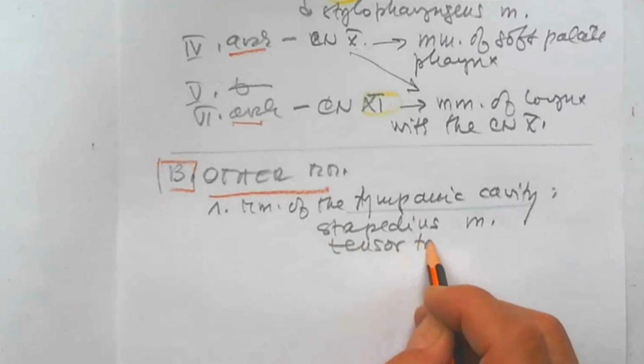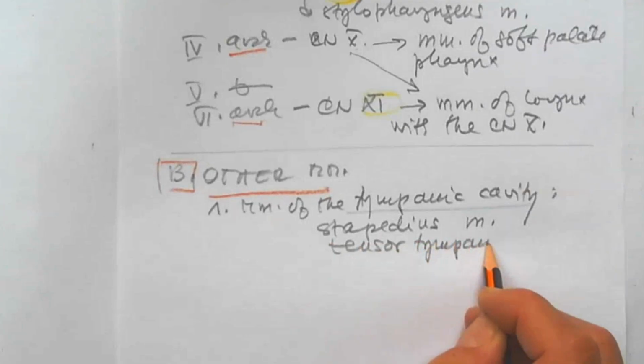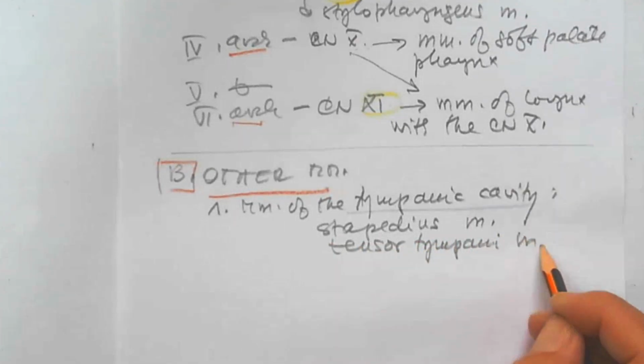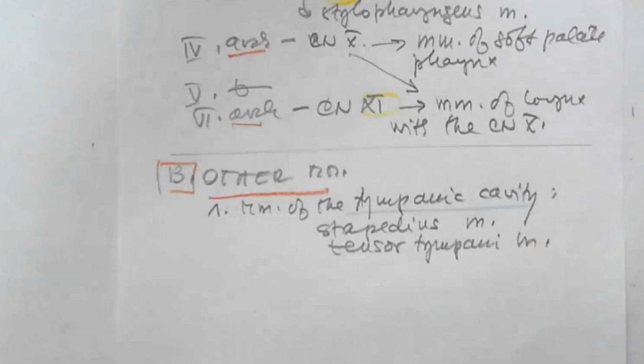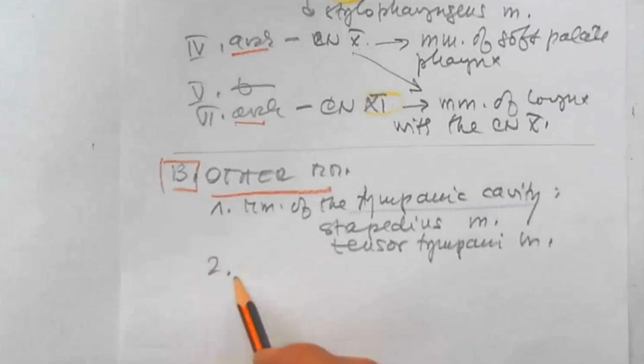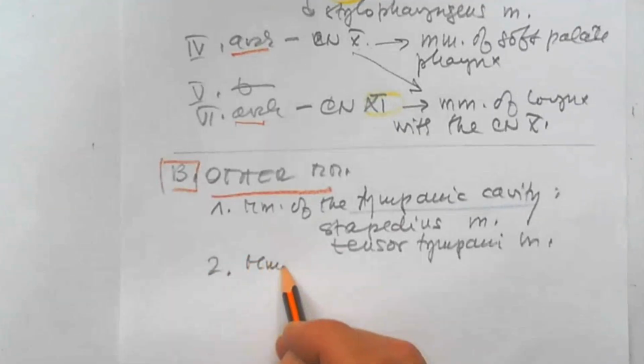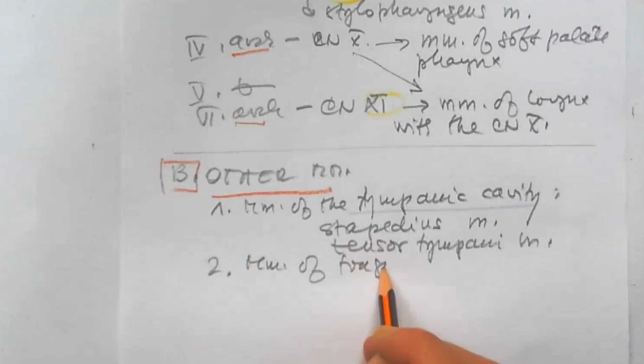Again, we remember that tensor tympani is attached to the malleus, the tympanum, eardrum. Good. This is sufficient. This is the first group, muscles of the middle cavity. Then follows category number 2, muscles of the tongue, a special group.